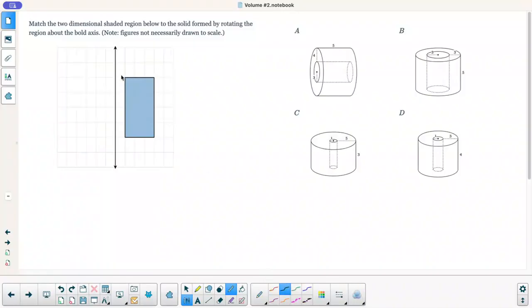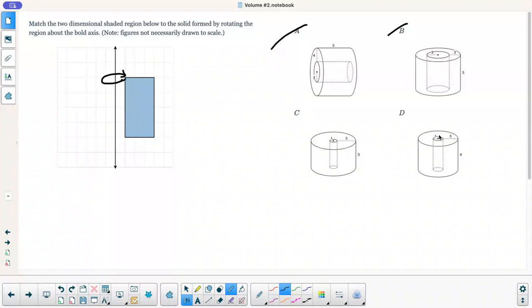This time I'm rotating it this way. So again, I'll have a 1 unit hole, 1 unit radius hole. Again, get rid of the horizontal one. So both of these have a hole with a 1 unit radius. So I can get rid of that one. This is 3 units right there.